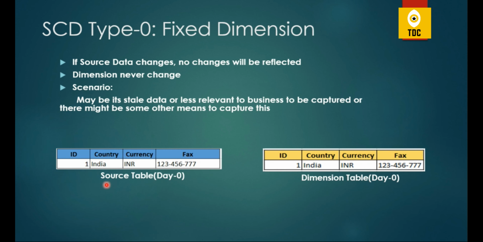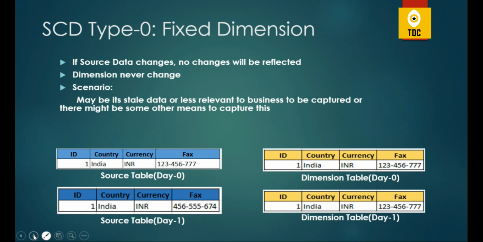Let's take an example. Suppose on day one, for a country, a particular fax number is there, and you get that entire row as it is on day zero in your dimension table. On day one, the fax number of that particular country changes, but you are not interested in updating it and keep the old fax number as it is.